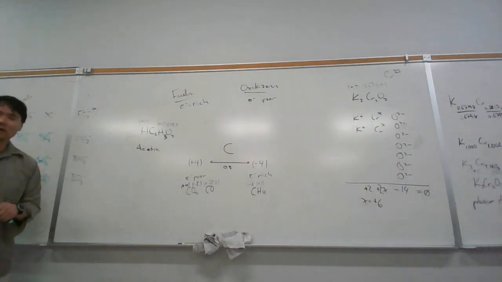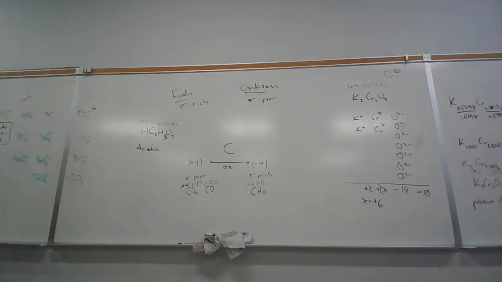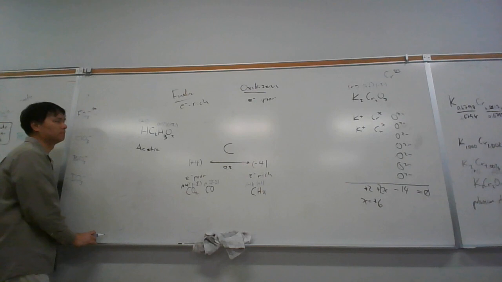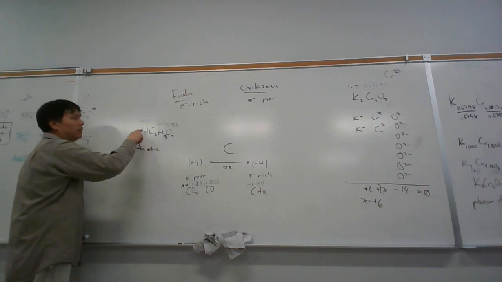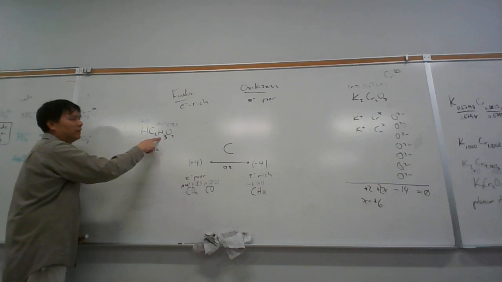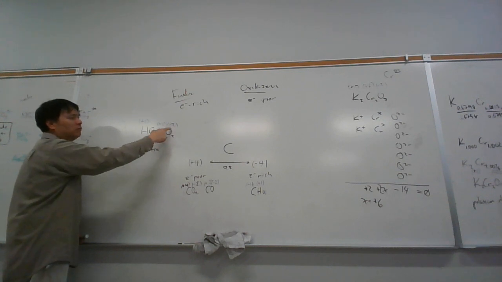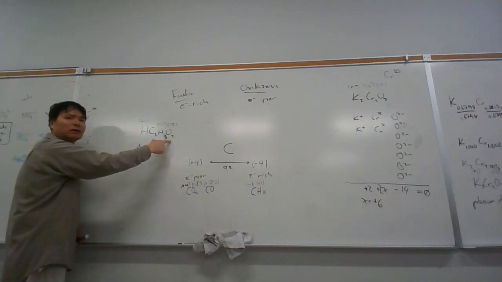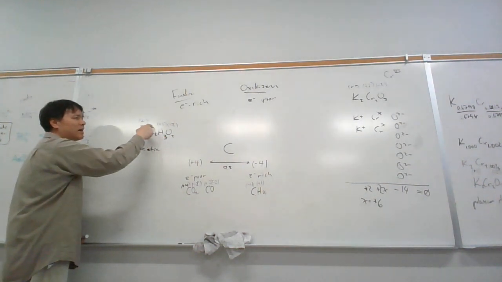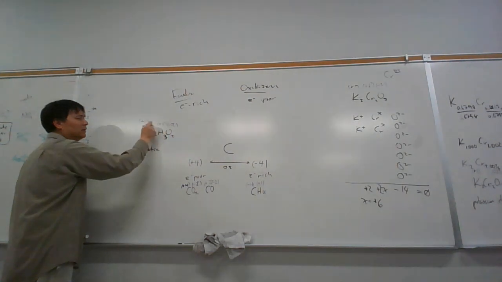Well, what is carbon's oxidation state? So I go +1 plus 3 is +4. +4 minus 2 times 2 is -4. +4 minus 4 is 0. All these have to add up to 0, therefore carbon must be 0.